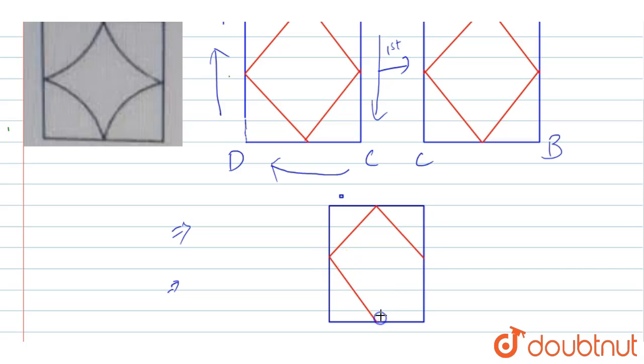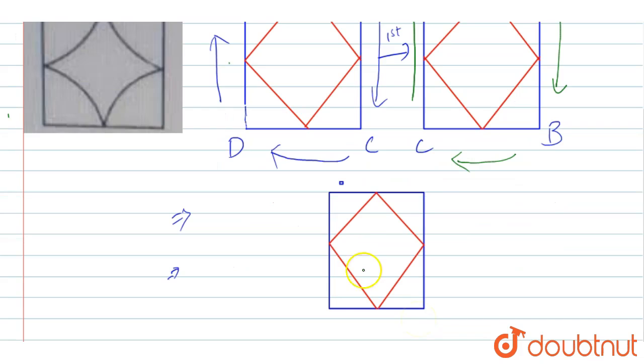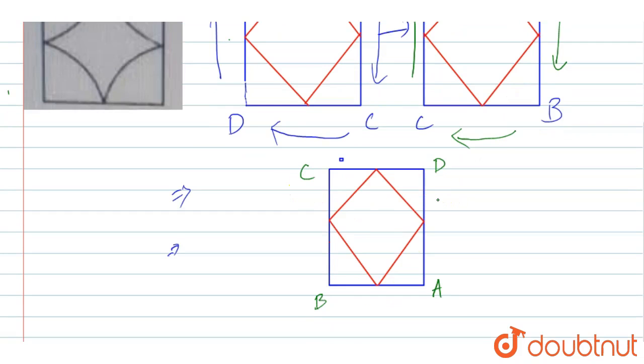Then we have to rotate it once more, clockwise. That means if you rotate it once more, then B will be A, C will be B, D will be C, and A will be D. So this position will be A, B, and this will be C, this will be D. That is what we are going to see after the second rotation.